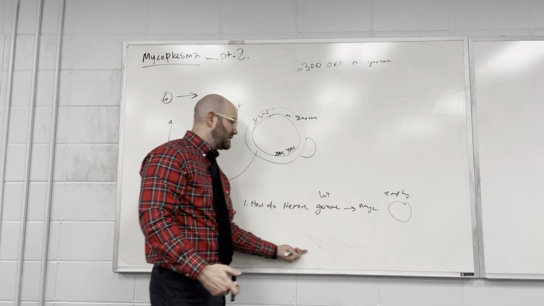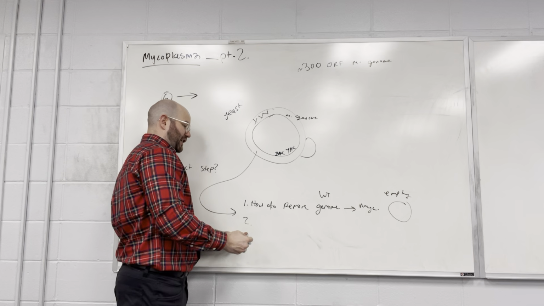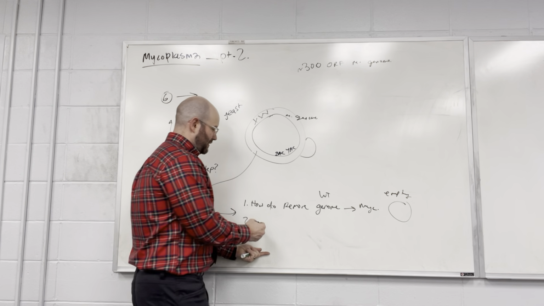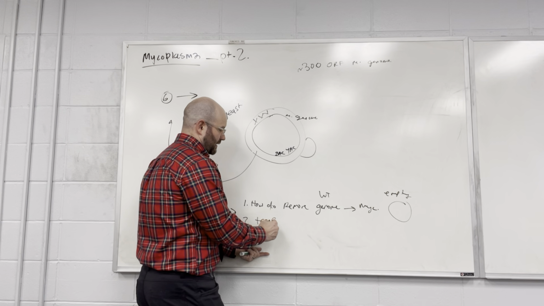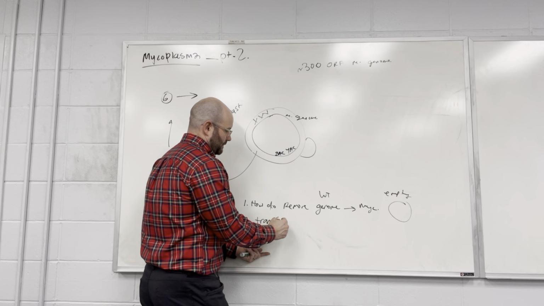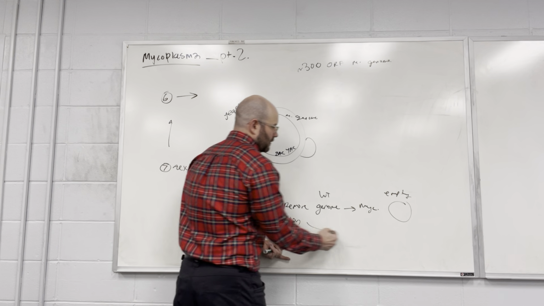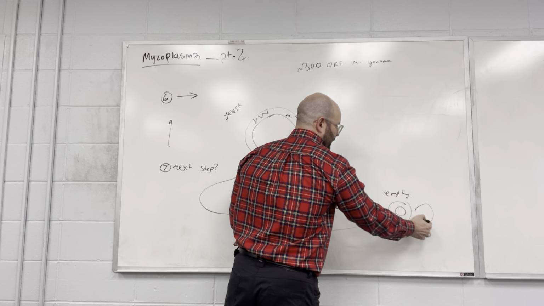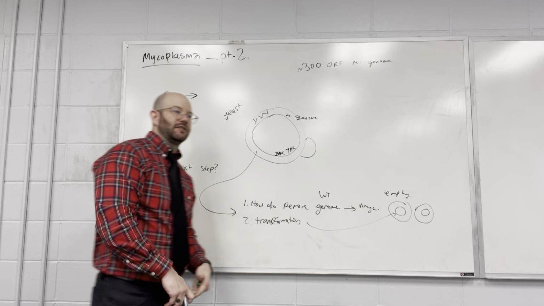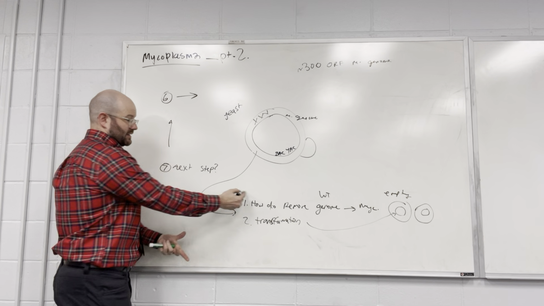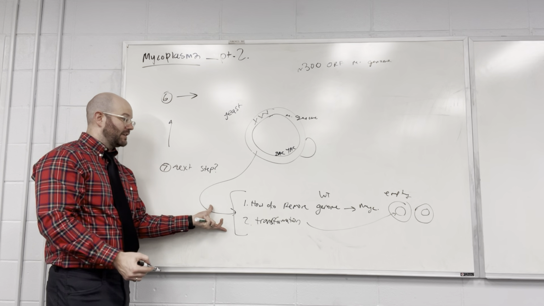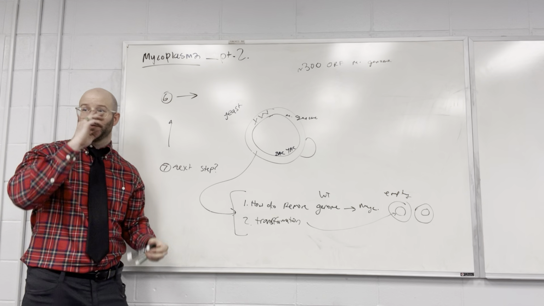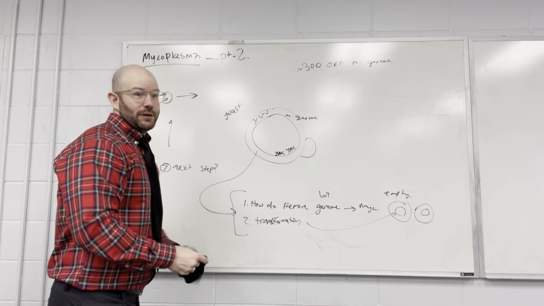Then, number two, you have to figure out how to get the genome into it, so there would be some type of weird transformation, and then you hope this thing replicates and starts its own colony. This is, I think, the next part of this series. Does that make sense? Okay, we can stop it.